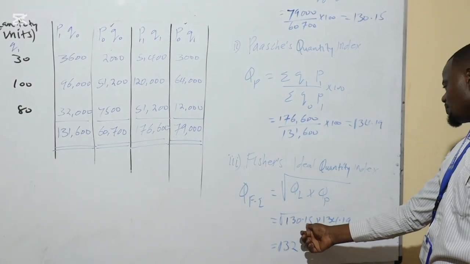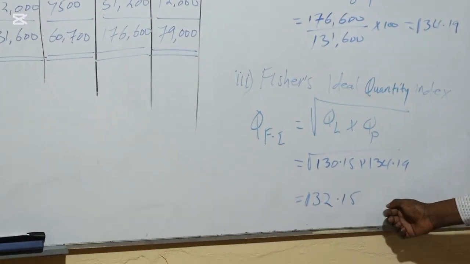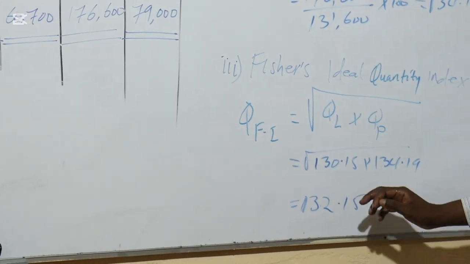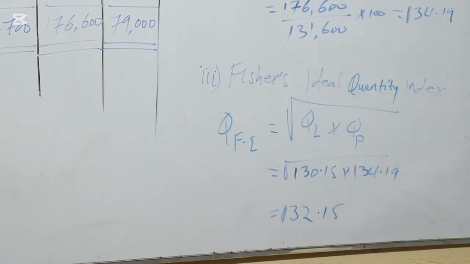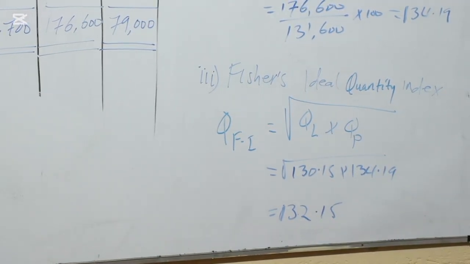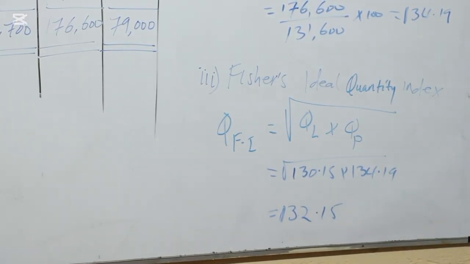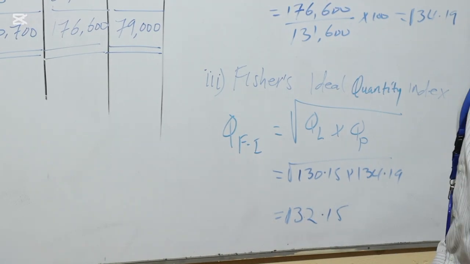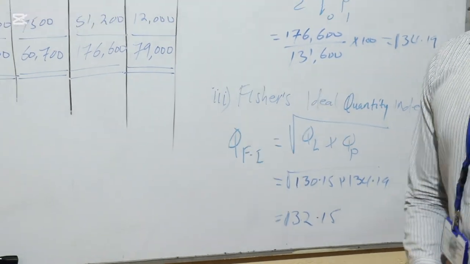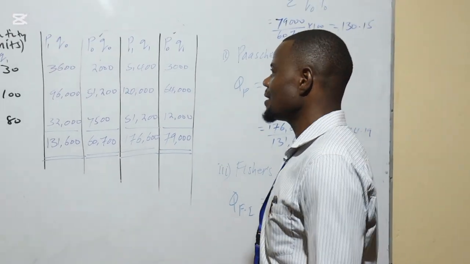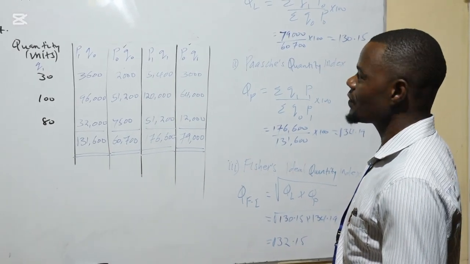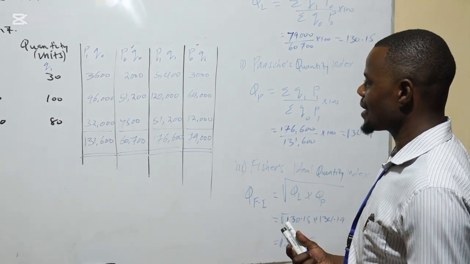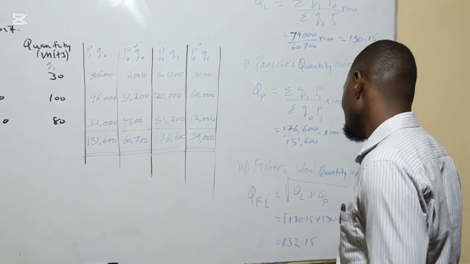So 130.15 times 134.19, you get 132.15. So in this one, the quantities have increased by 32.15%. So that is how we do the price index and the quantity index for the weighted aggregate methods.